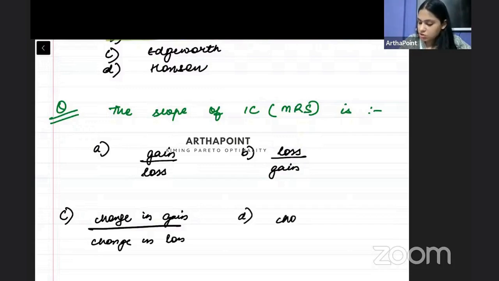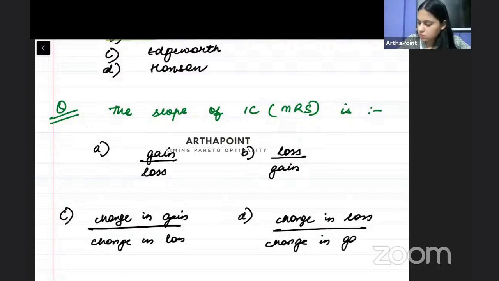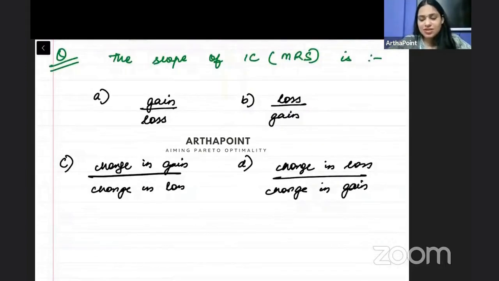Option number D, change in loss by change in gain. थोड़ा अलग क्वेश्चन है. What do you think should be MRS? अगर हमें MRS इस टर्म्स में एक्सप्लेन करना है तो इनमें से MRS क्या हो सकता है? It is gain by loss, loss by gain, change in gain by change in loss, or change in loss by change in gain. Out of these 4 options, what do you think will be the MRS?